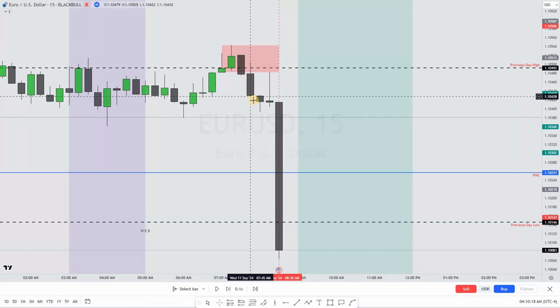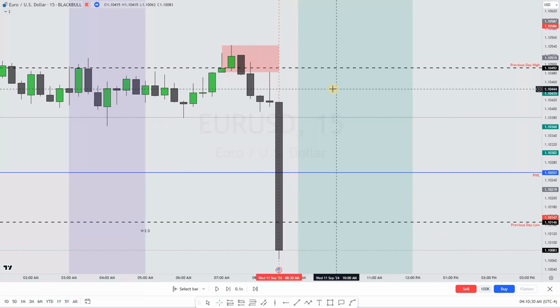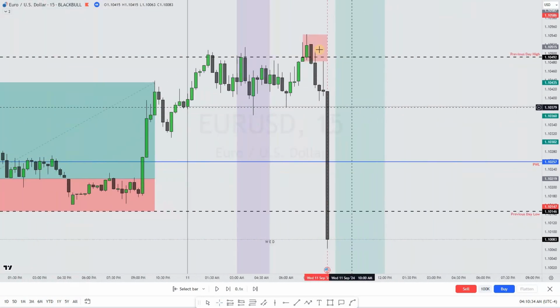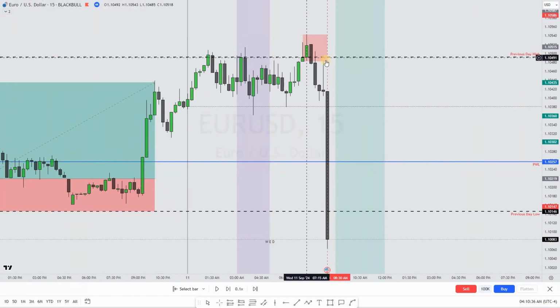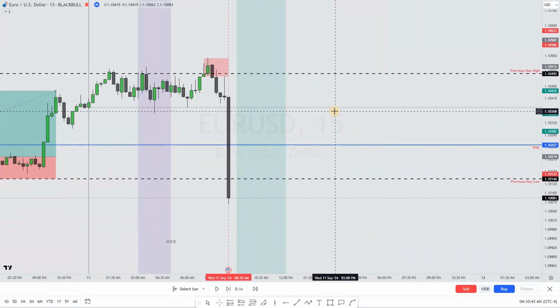Yes, it did show momentum to the downside, leaving these fair value areas of imbalance here. But because all that was done prior to sweeping or taking out this low, which for me would have been a market structure shift, I didn't think that was a right trade to take. So the idea of looking for sales from here was right, but the market did not provide an opportunity for me to enter.